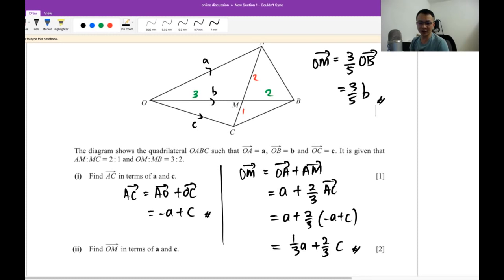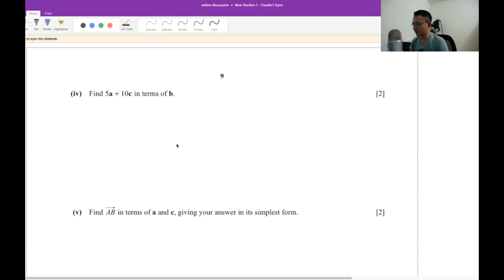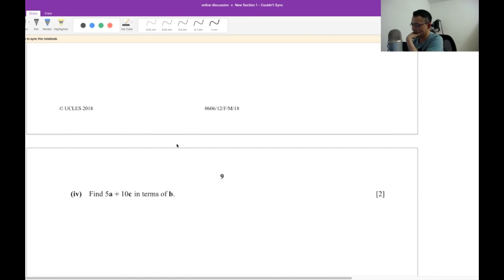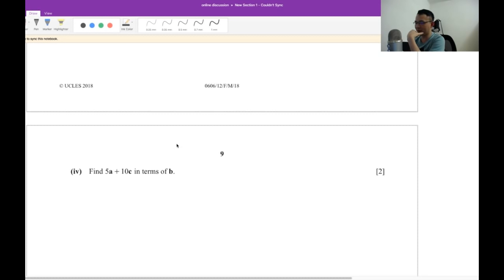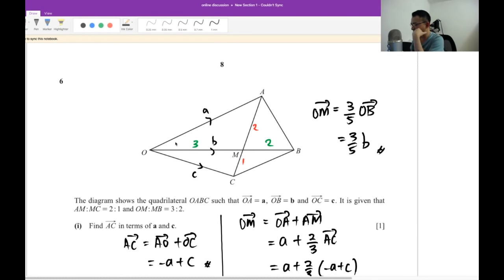Let me read the question again. Okay, it means 5A plus 10C equals how many B, isn't it?